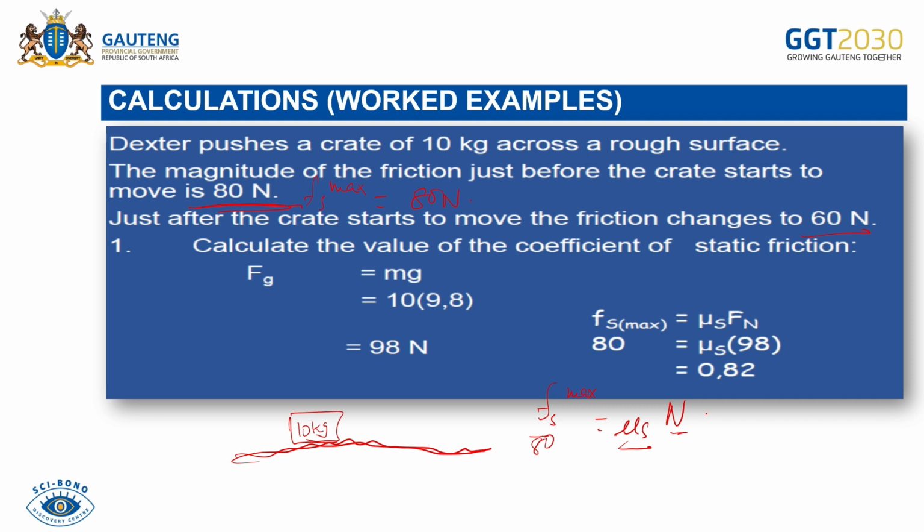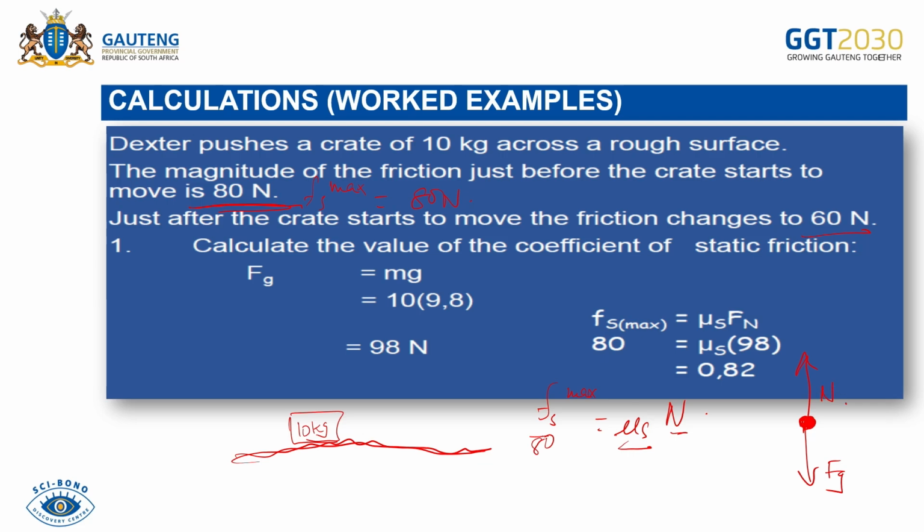So the first thing you need to do here is to start by drawing a free body diagram, although we are still going to talk more about that. I'm having Fg, and then the normal force.